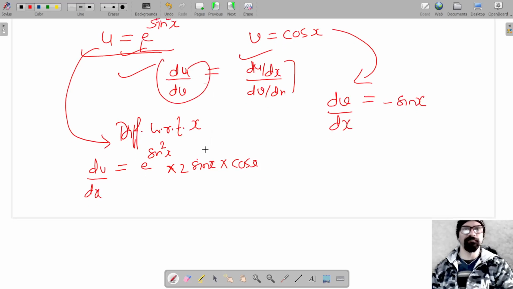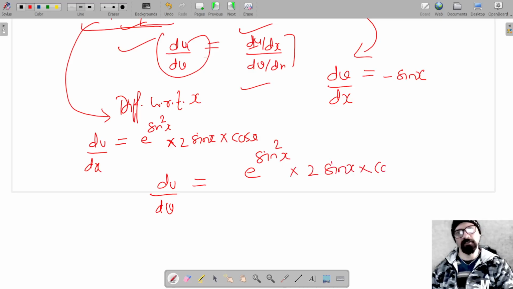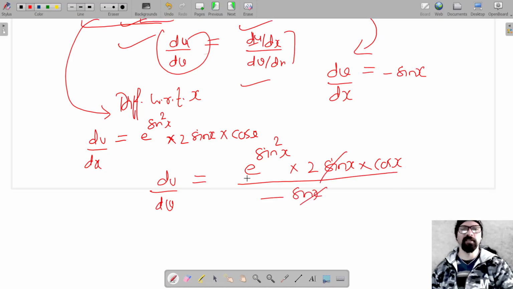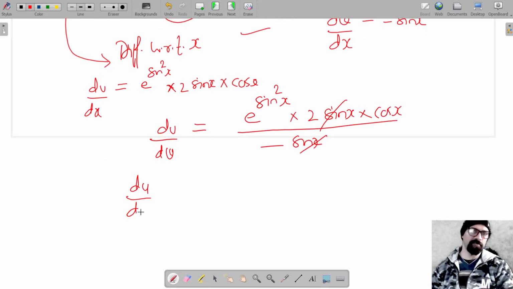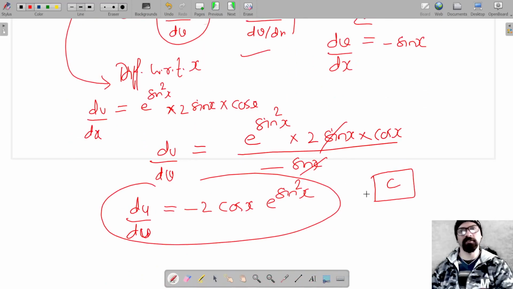So du by dv should be the division of du by dx by dv by dx. So this is e raised power sine square x into 2 sine x into cos x, divided by negative of sine x. So now du by dv is equal to negative 2 cos x and e raised power sine square x. So this is the required differentiation, which is option C. So option C is the correct answer for this one.